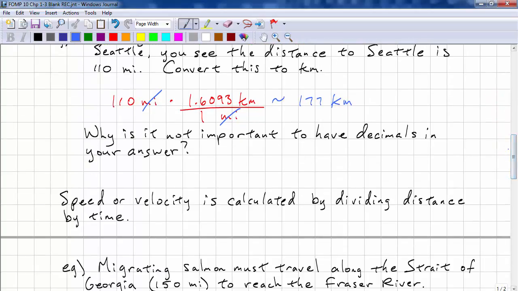Okay, so why is it not important to have decimals in your answer? Well, the distance that the board gives you is to the city center.